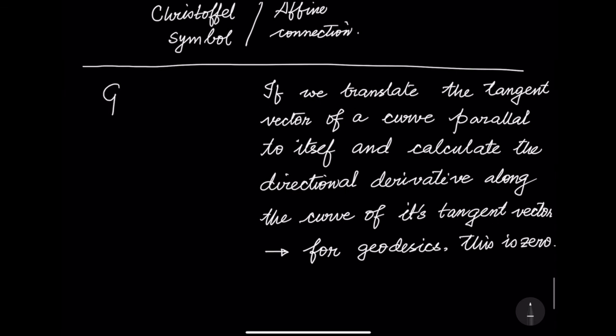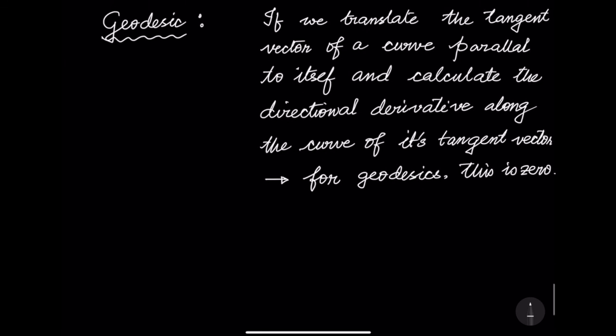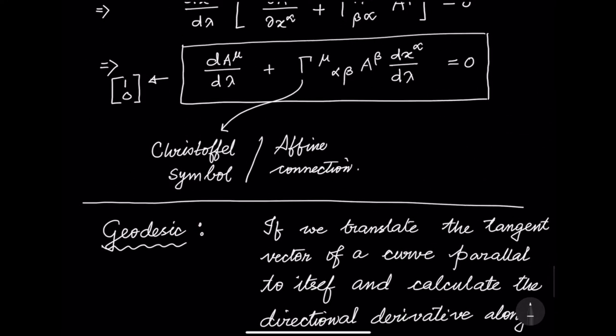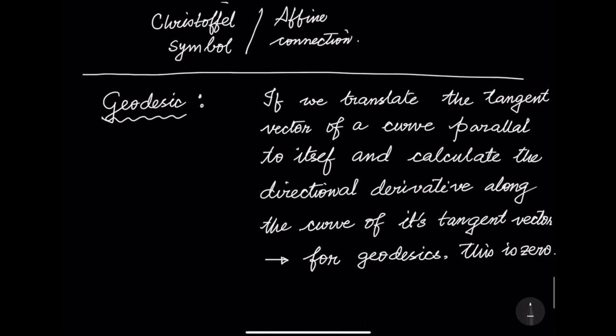And this is where we are defining geodesic. Geodesic curve is a little different than geodesic, but we will not go into that. So we are directly defining geodesic here. So how will it be? Well, all that I have to do is that in place of mu here, I have to write the tangent vector itself.